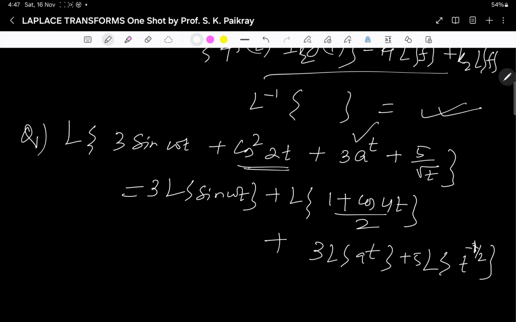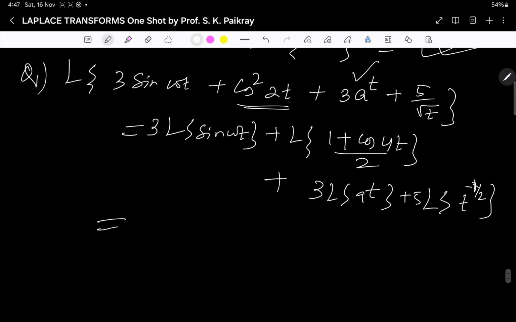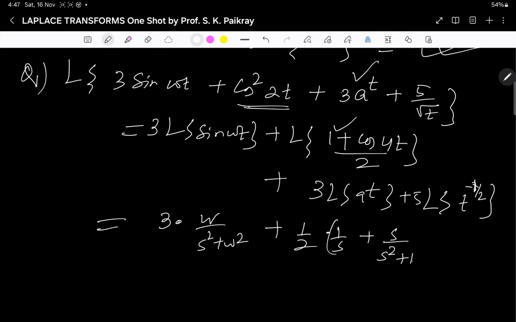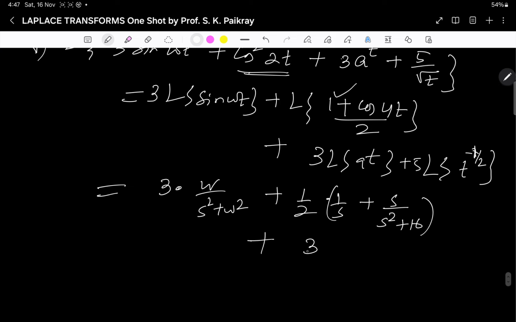Now you are ready to apply the formula. It is 3ω by (s² + ω²) plus half taken out, Laplace of 1 is 1 by s, plus Laplace of cos 4t is s by (s² + 16), plus 3 times 1 by (s − ln a), plus 5, I have already told you, it is √π by √s. So this is your answer.